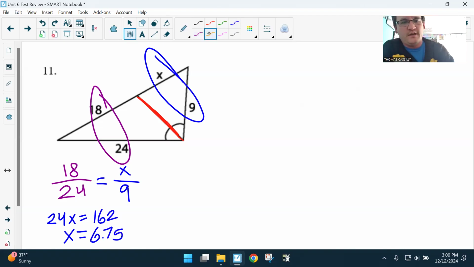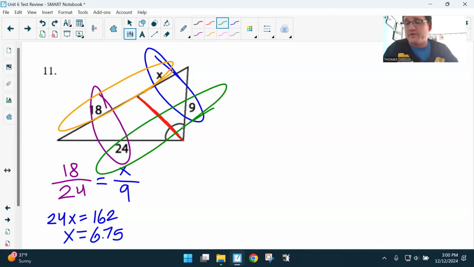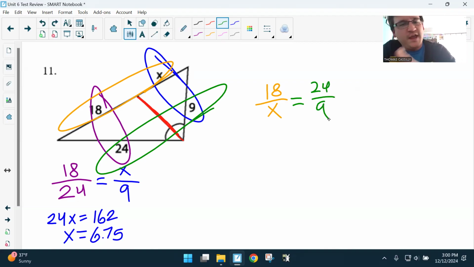If I wanted to instead, if I saw that one first, let's try that one instead. Let's see what we get. 18 over x. That is going to be proportional to, well, we have to go in the same order, so I'm kind of going left to right on this one. So we have 24 ninths. Right? And now we cross multiply.